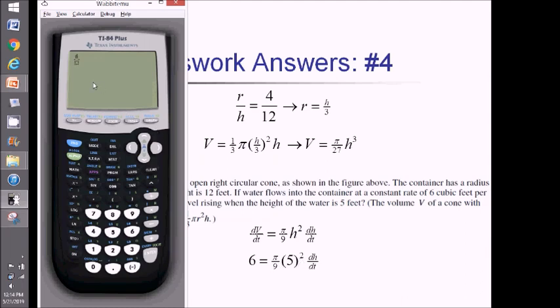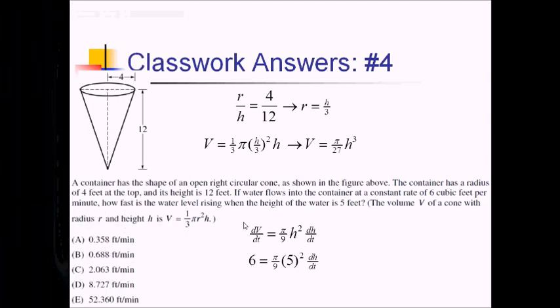So I'm going to do another fancy fraction down there, and I'm going to put pi over 9, and multiply that by 5 squared, and hopefully we get something that's an answer choice. I get about 0.688 if we round off, and since this is height, this is going to be feet per minute. So that's going to give us answer choice B.